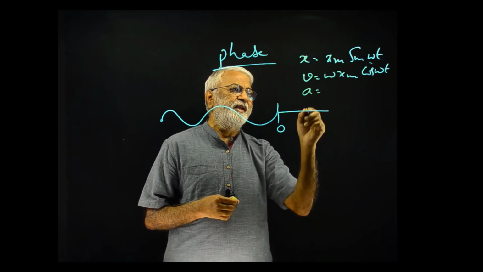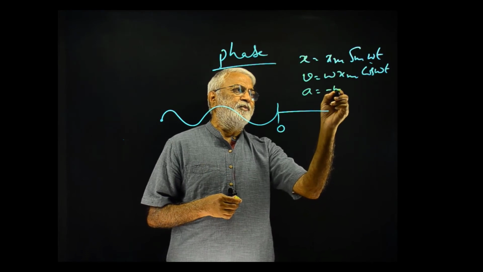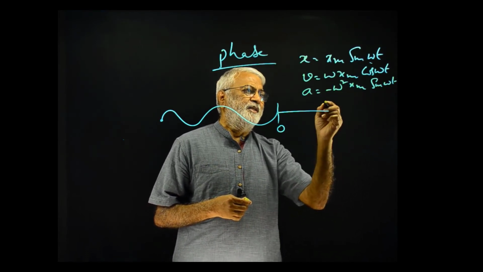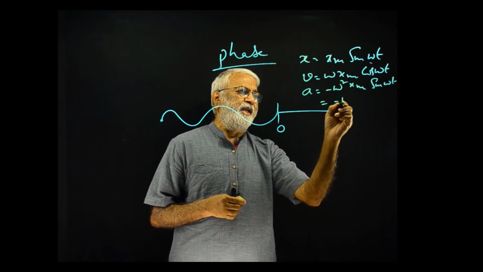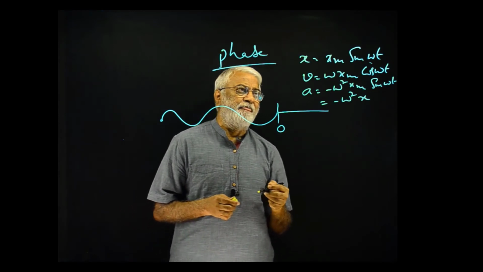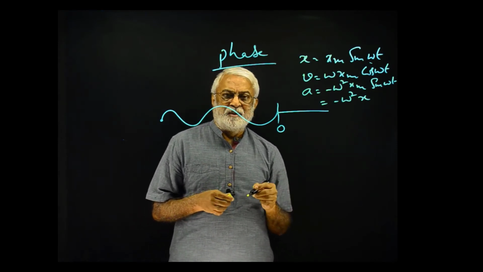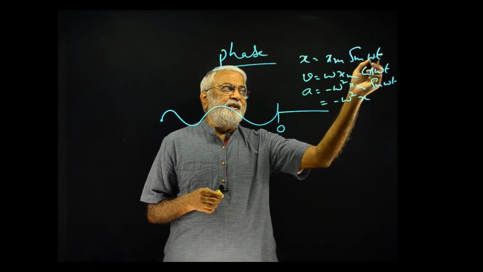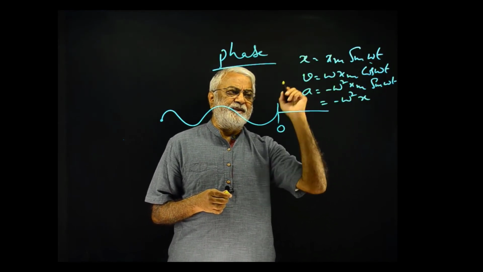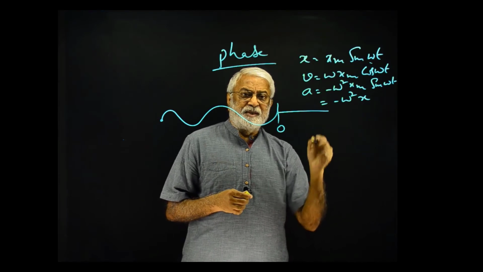Differentiate this and you'll get minus omega squared xm sine omega t, or this will be minus omega squared x. This you have learnt in simple harmonic motion. So if you know this angle, you know the position, the velocity and the acceleration of the particle in simple harmonic motion.